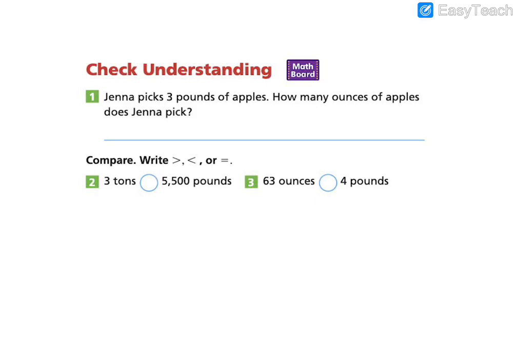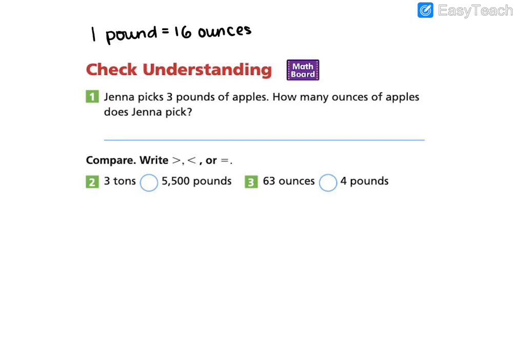A loaf of bread weighs about 1 pound. Now, we need to understand that 1 pound is equal to 16 ounces. So I want you to, on that left-hand side, page 500, write that somewhere near your connected vocabulary. Okay, 1 pound is equal to 16 ounces.